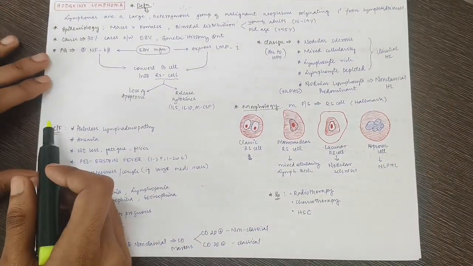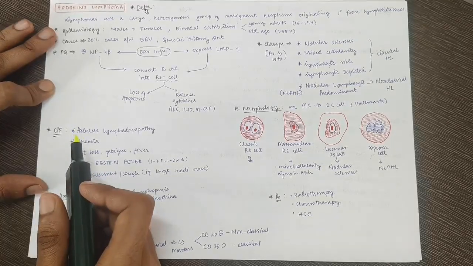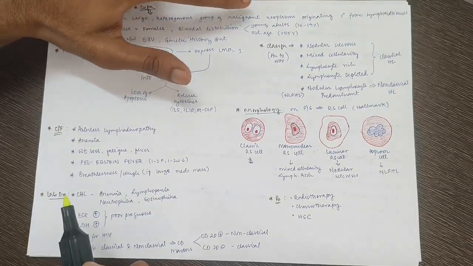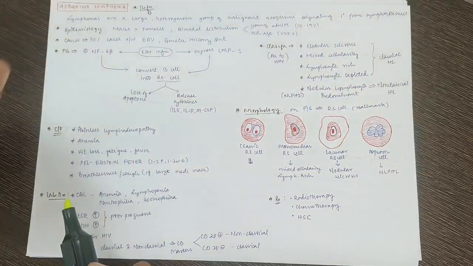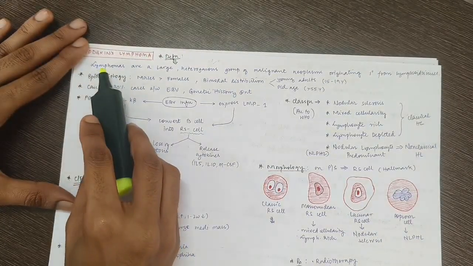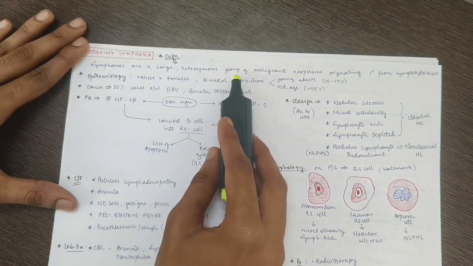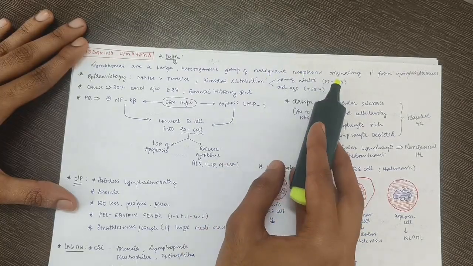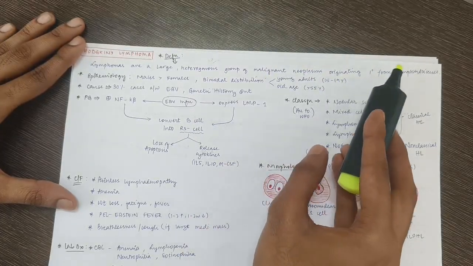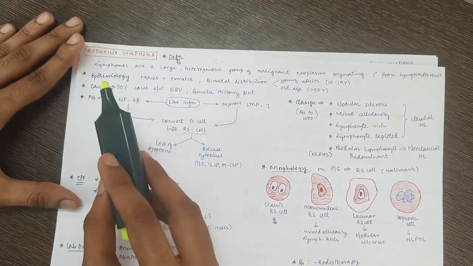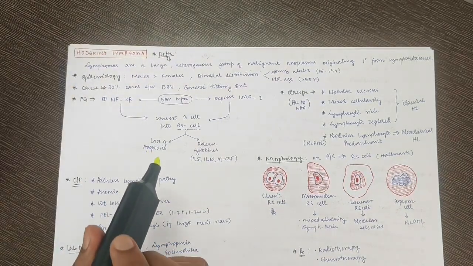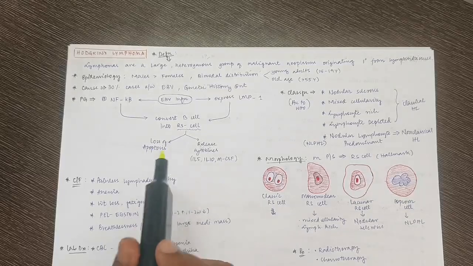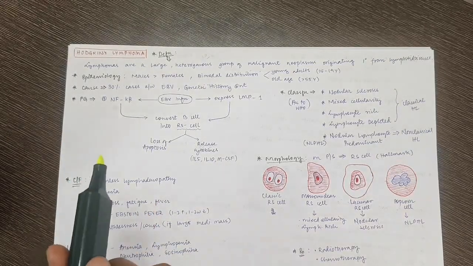Lymphomas are a large heterogeneous group of malignant neoplasms originating primarily from lymphoid tissue. So there are 2 types of lymphomas. One is Hodgkin's lymphoma, the other is non-Hodgkin's lymphoma. So we are going to deal with Hodgkin's lymphoma here.